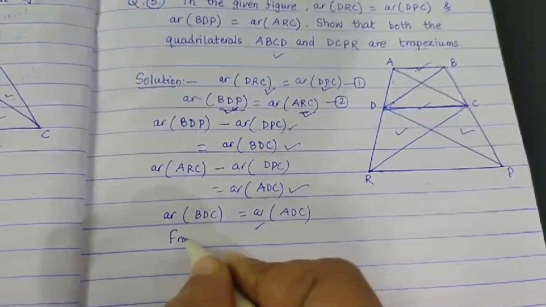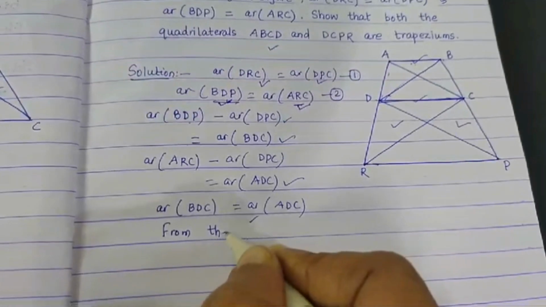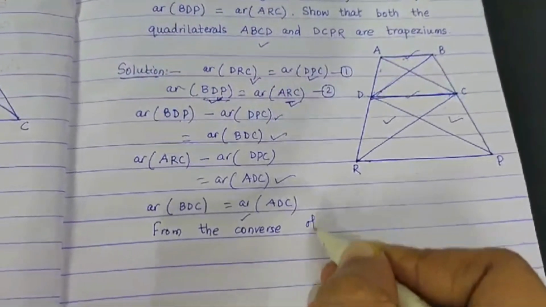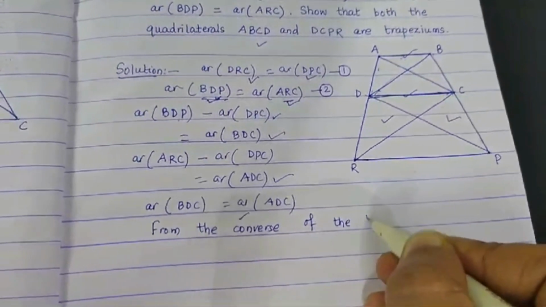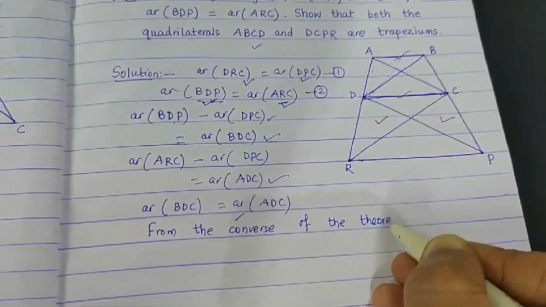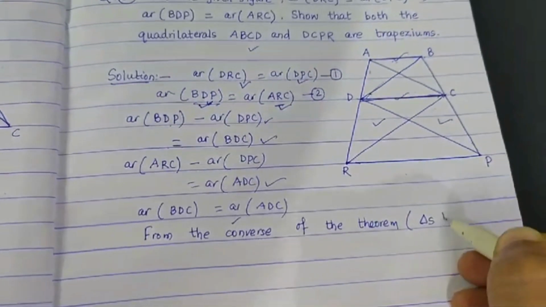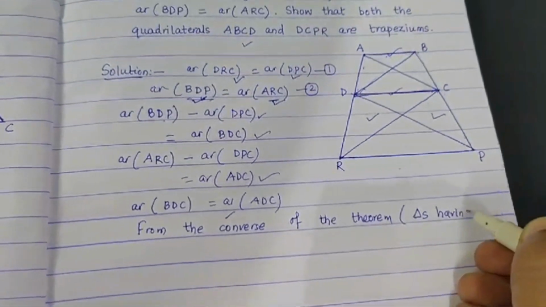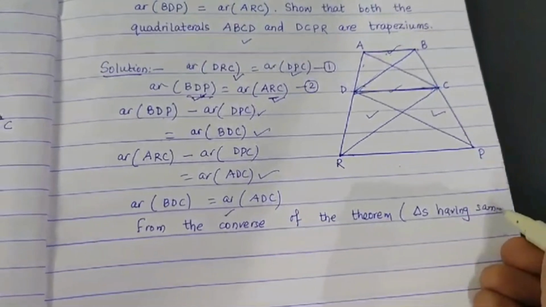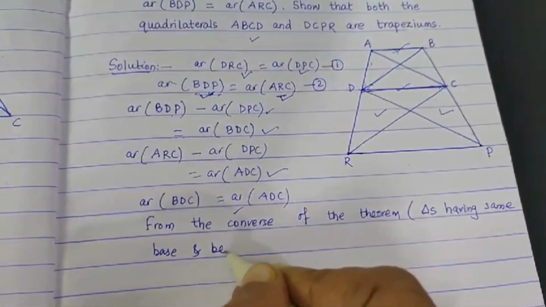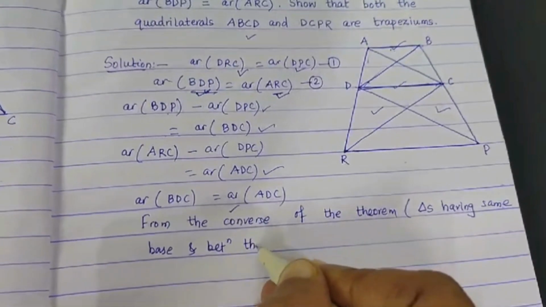From the converse of the theorem, which theorem? That triangles having the same base and between the same parallels are equal in areas.